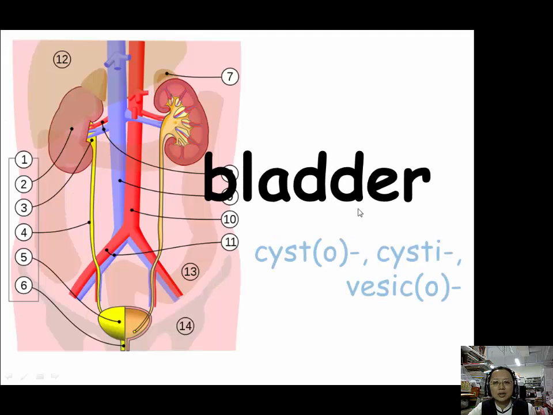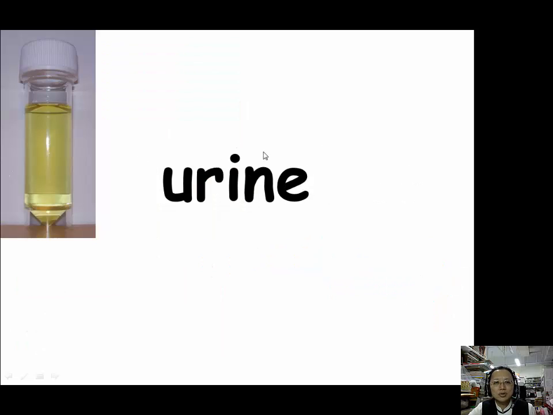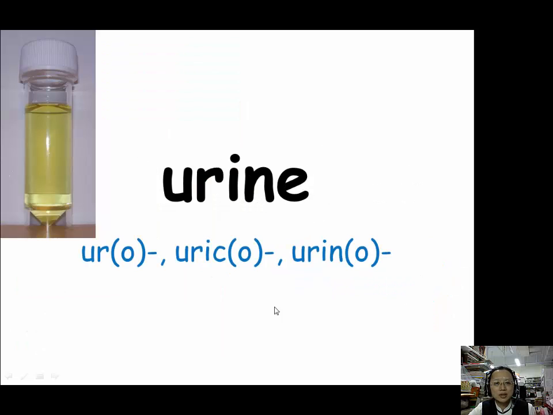For bladder, we have three prefixes, cysto, cysti, and vesico. For urine, we have three prefixes too: uro, urico, and urino.